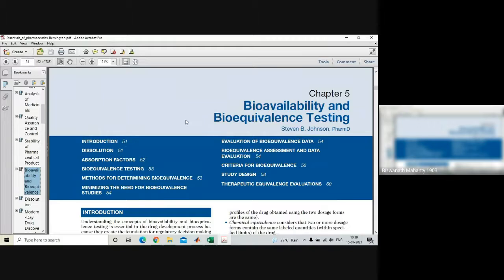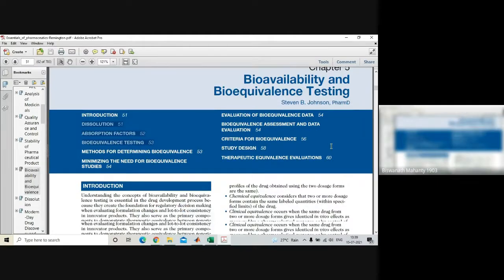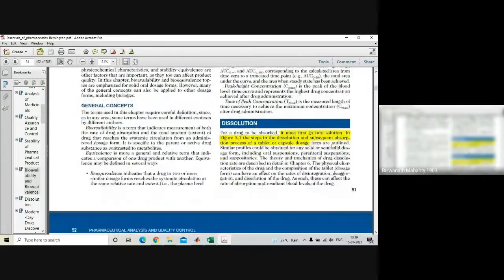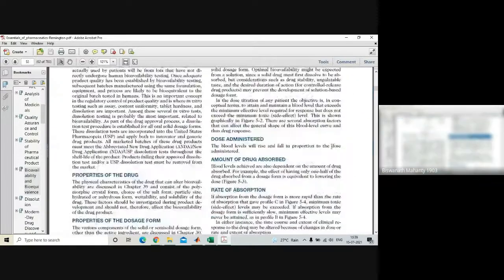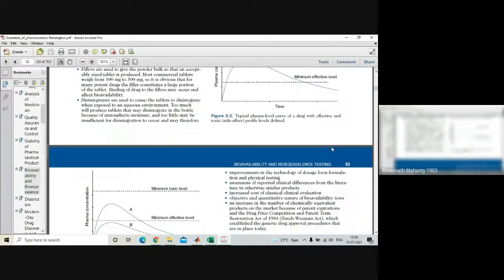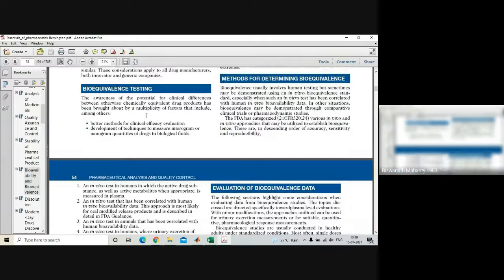So here we are talking about dissolution, absorption, bioequivalence testing, those things we will discuss. You may please go through this chapter to some extent, not everything is required. Some other things we will be discussing in coming days. We will talk about dissolution for this day.